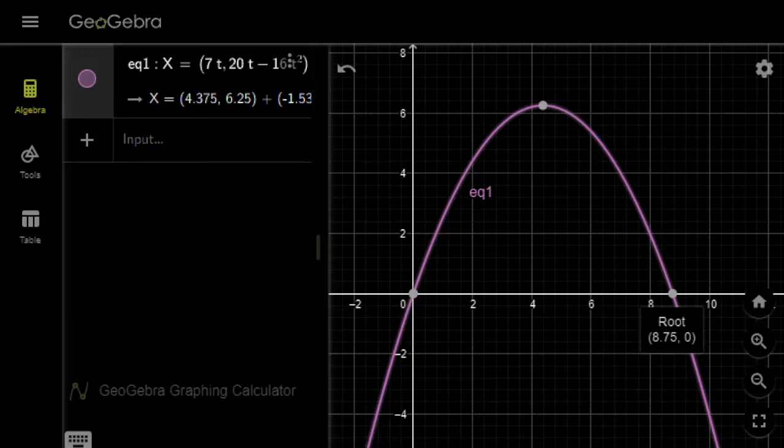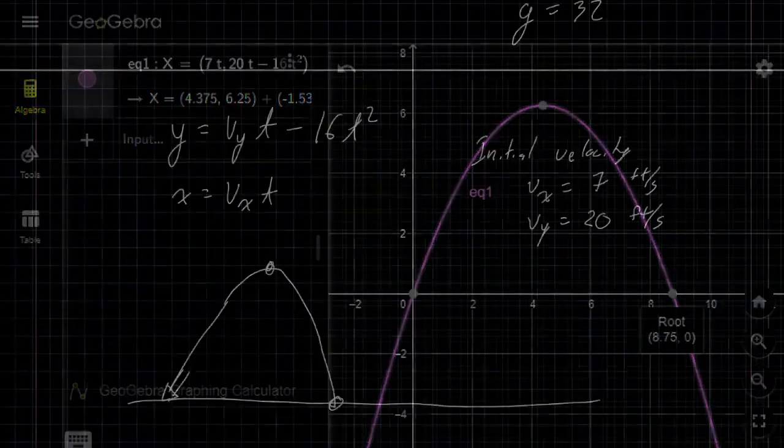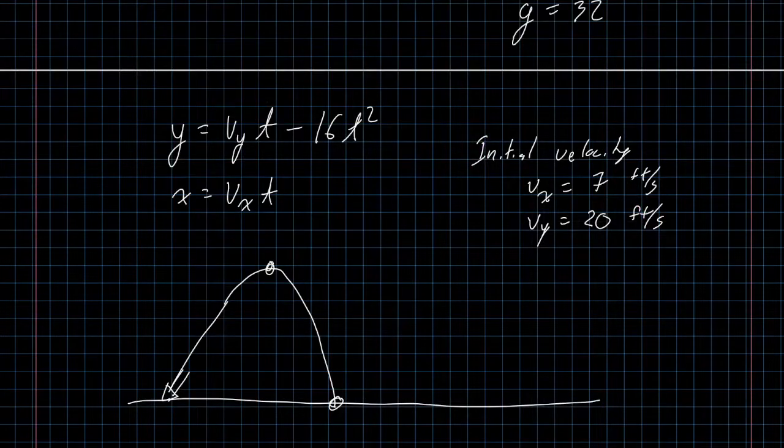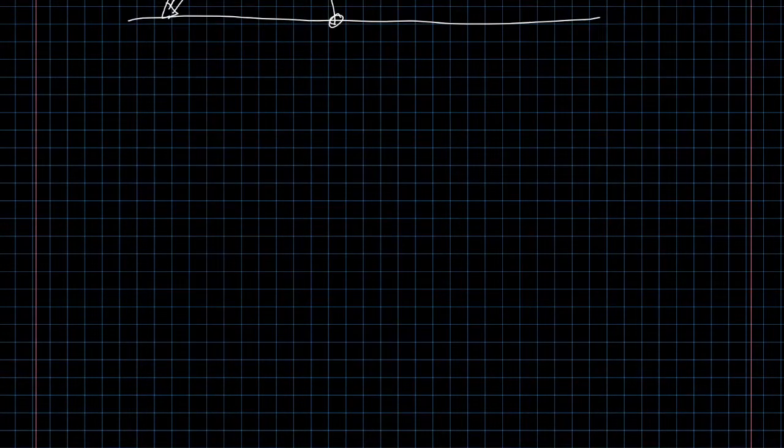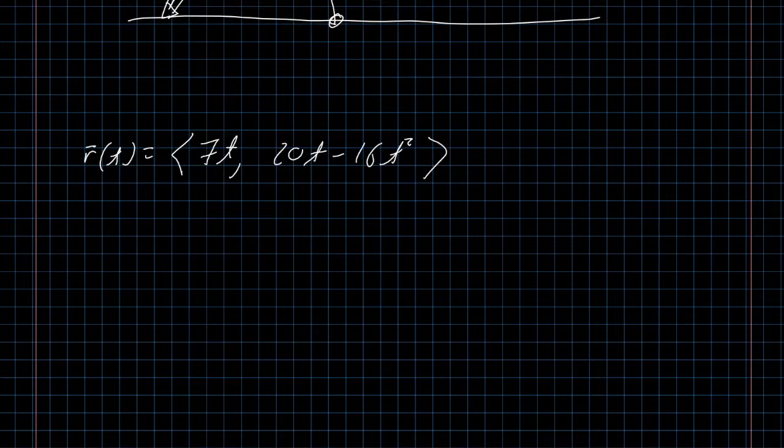So let's go back over to our notes and rearrange things. So again, we have r of t, which had components 7t and 20t minus 16t squared. If x is 7t, then t is x over 7.